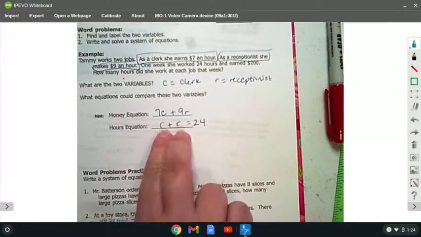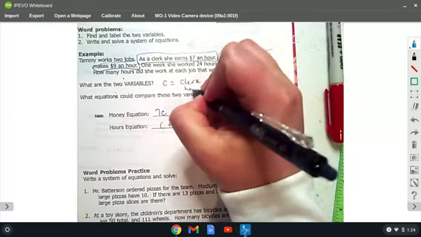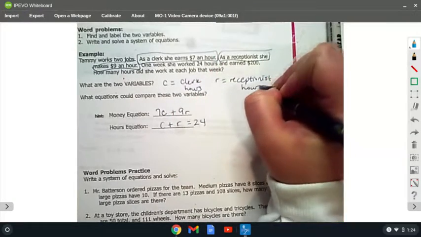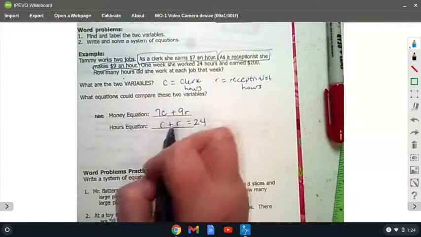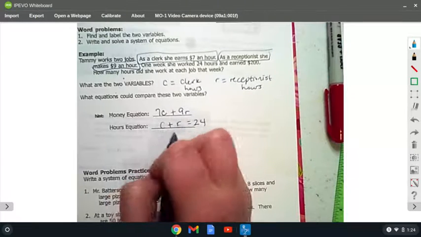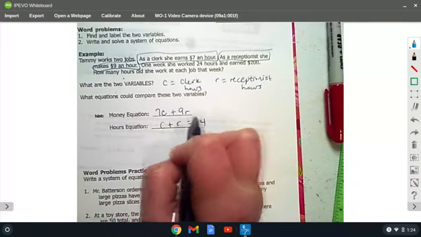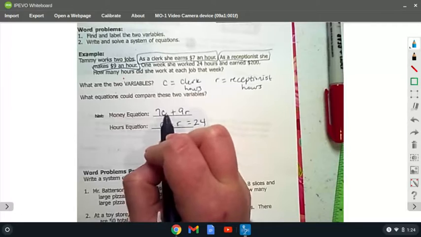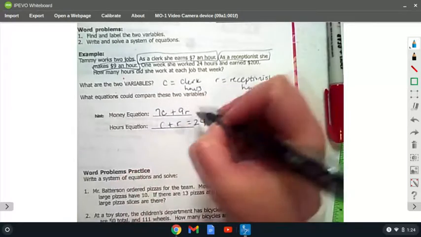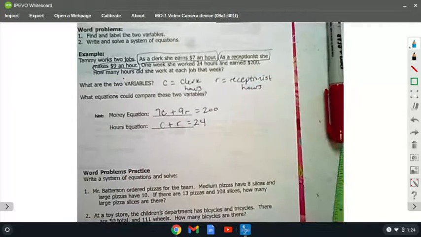This is her hours as a clerk, this is her hours as a receptionist. If you add her two hours up for the week, it should total 24. However, if you add up her hours times the amount she makes, it should equal 200. So that's how we're getting two equations.